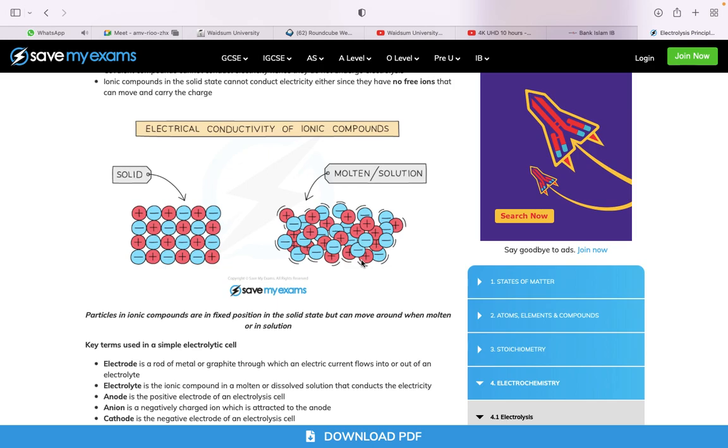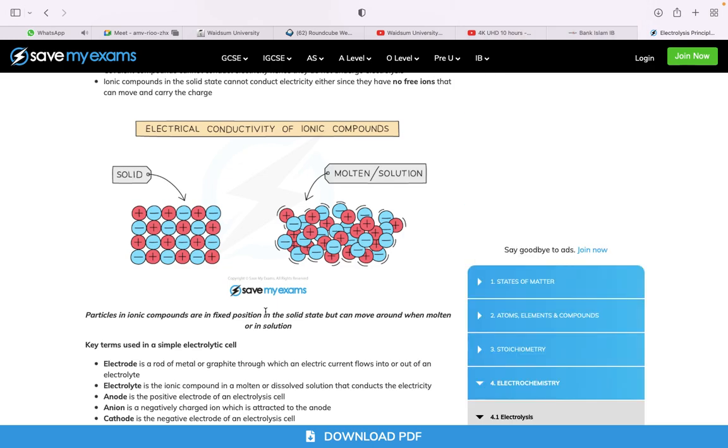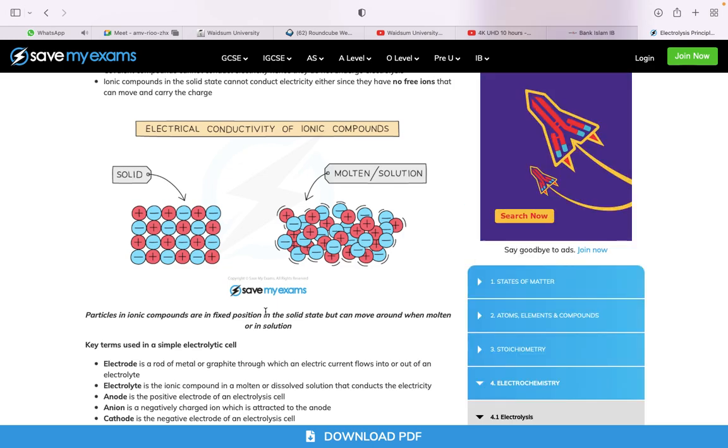Now, particles in ionic compounds are in a fixed position in the solid state, but can move around when they are in molten or solution form. When they are in a solid state, they are in a fixed position. When they are in a molten form or in a solution form, the particles, or the ions, whatever you want to call them, are able to move freely.